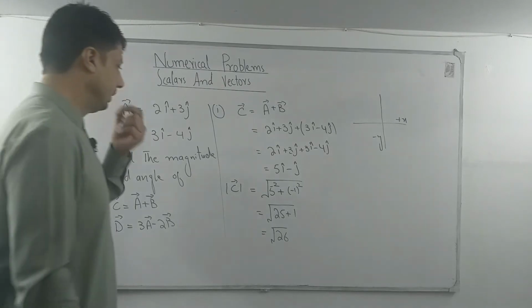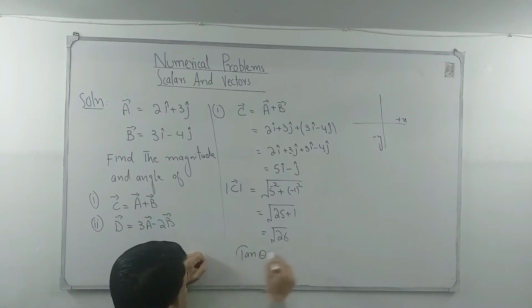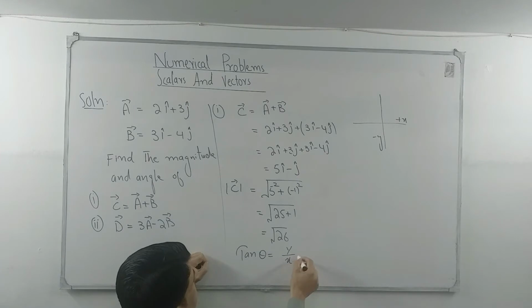And for the angle, tan theta is equal to y upon x. Y is minus 1, x is 5.